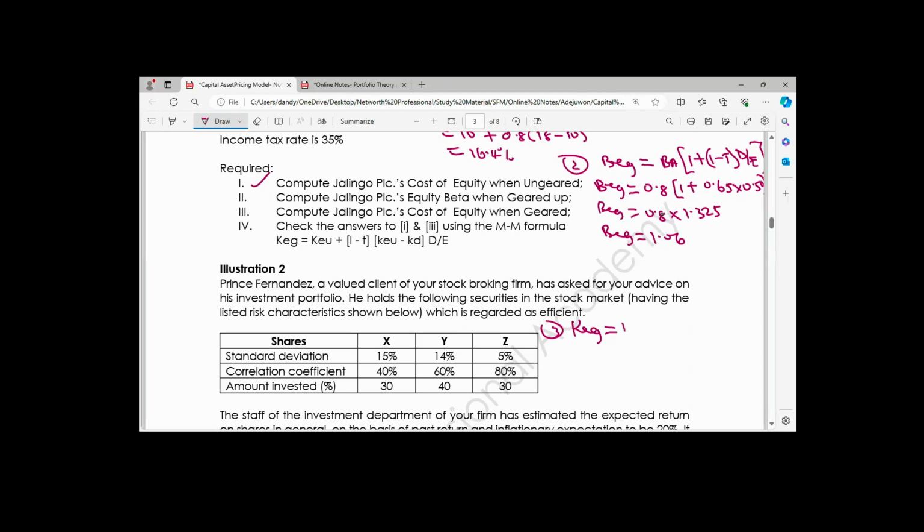Therefore, I would say the risk-free rate of return plus the gear beta times the market return minus the risk-free rate of return.